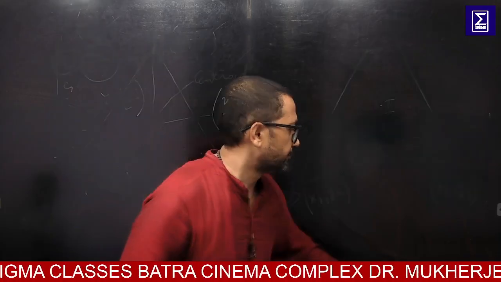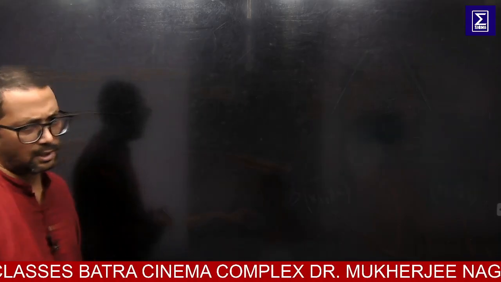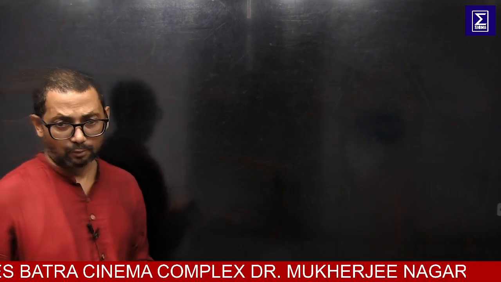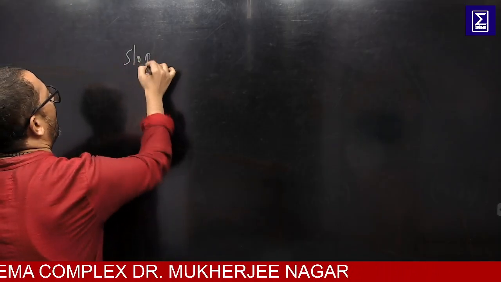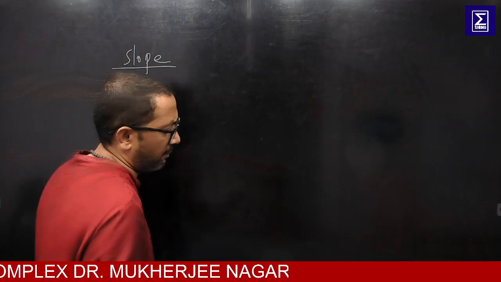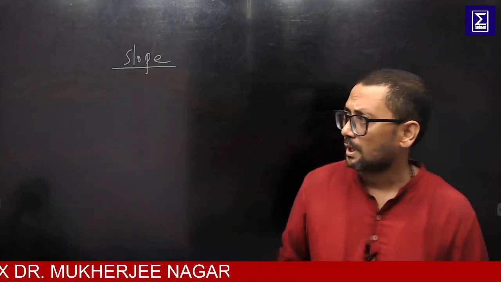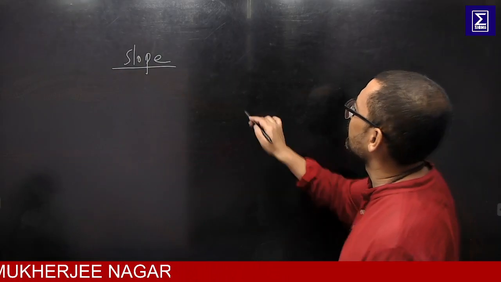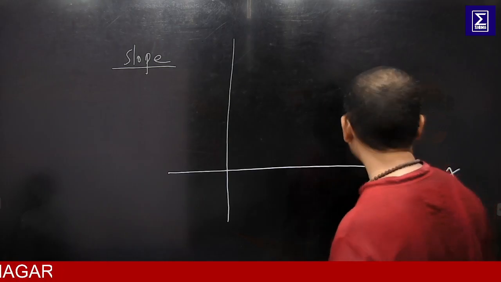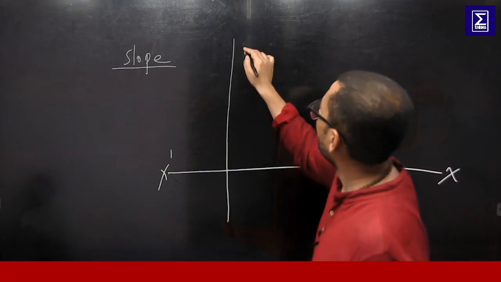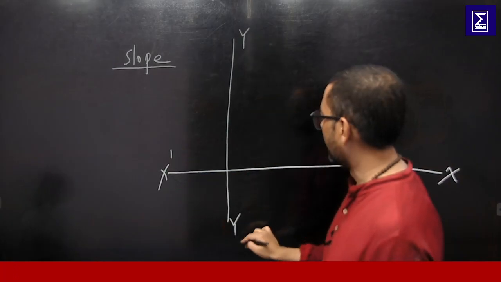Now I will talk about the simple slope. I will simply prove one very basic thing, it won't take much time. So this is the coordinate axis, X, X dash, Y, Y dash.